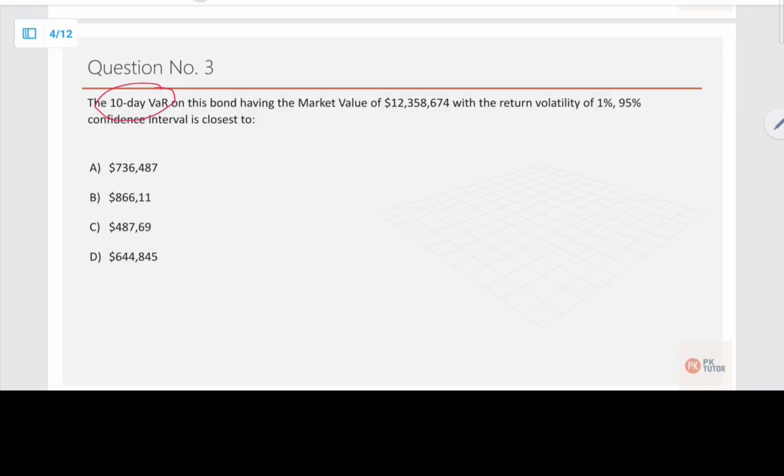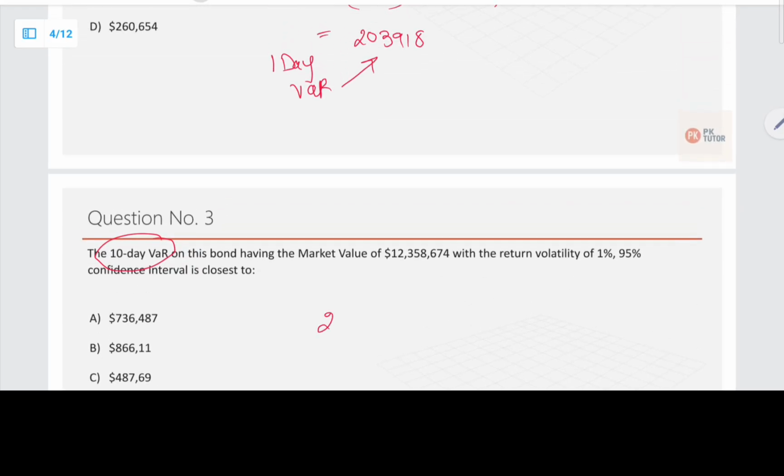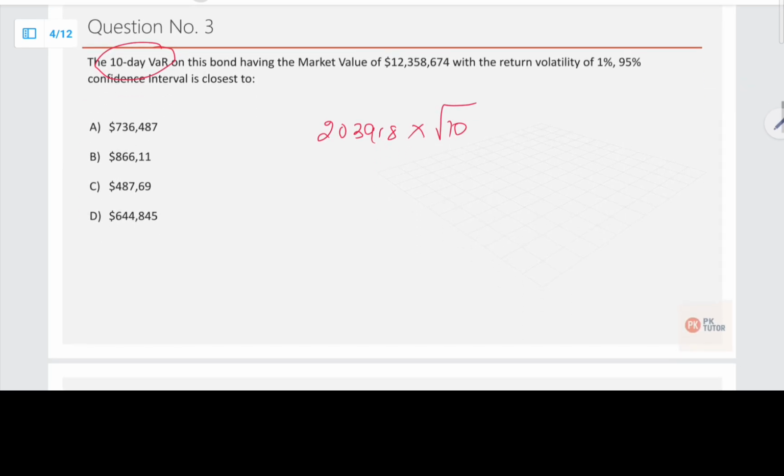So using the same, the answer here is 203918 into the root 10. Take your calculator, just see, it will be 644845. So this is the answer.